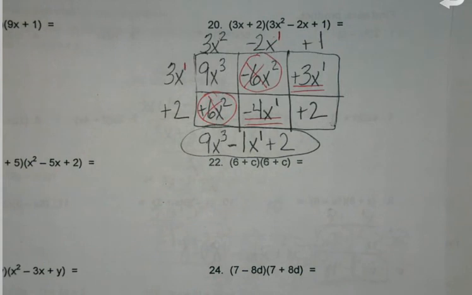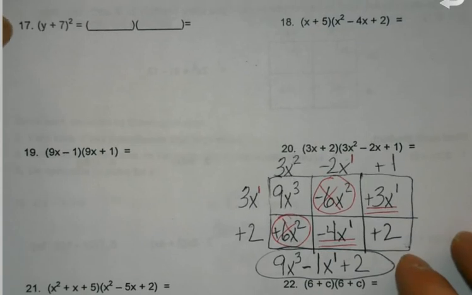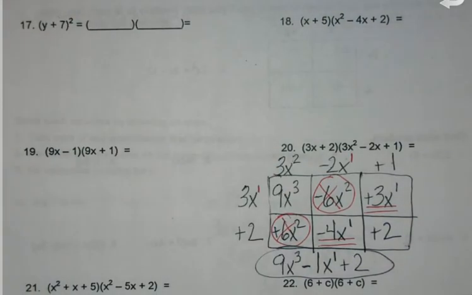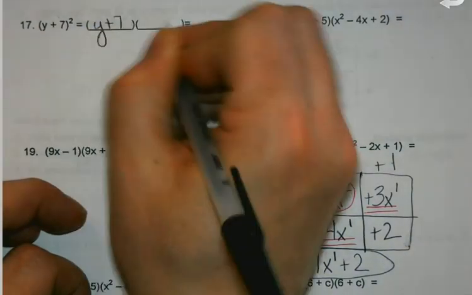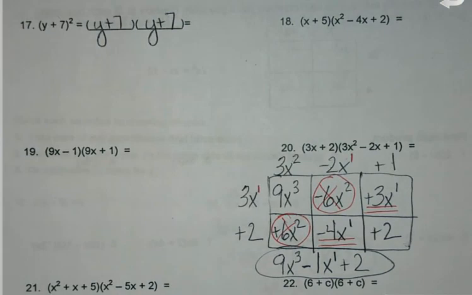Okay, 17. What happens if they give us a squared term? Well, it doesn't mean I just distribute the squared and call this y squared plus 49. It doesn't quite work that way. The squared means I have two of these y plus 7s, or whatever happens to be in the parentheses.